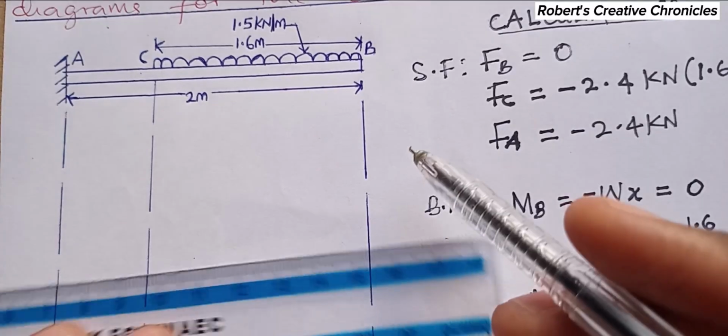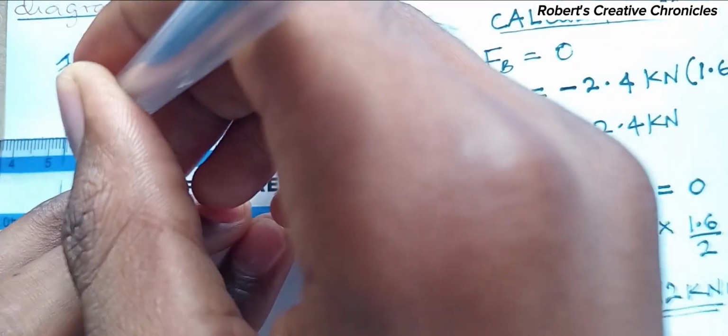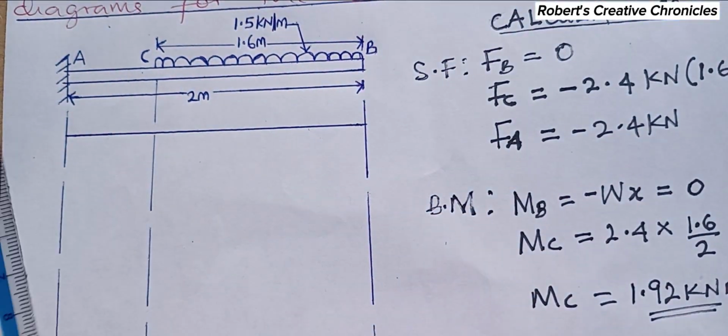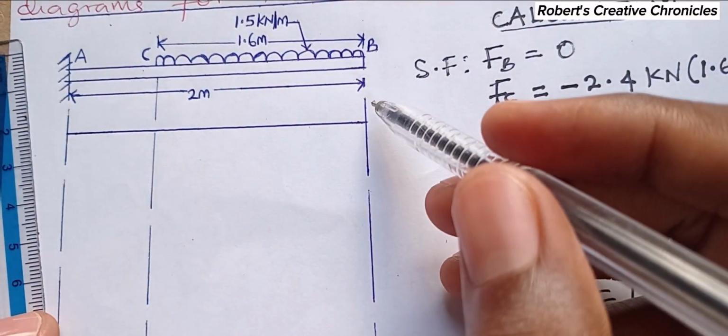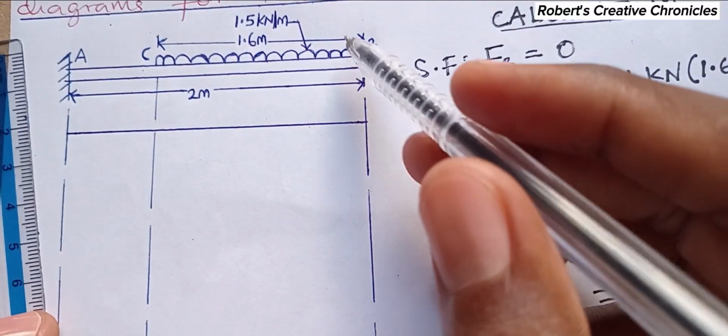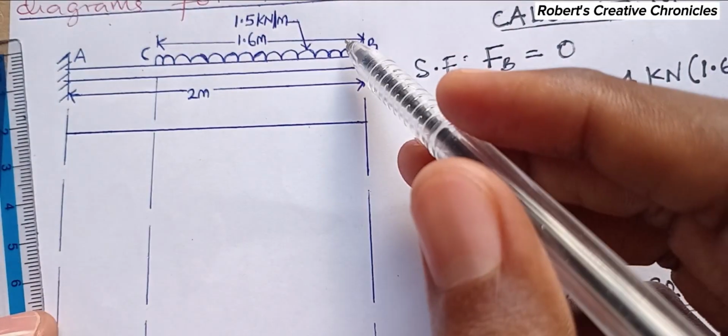So then you draw a horizontal line, any point. Next, you start. In this one, there's no point load. It's a UDL, uniformly distributed load.